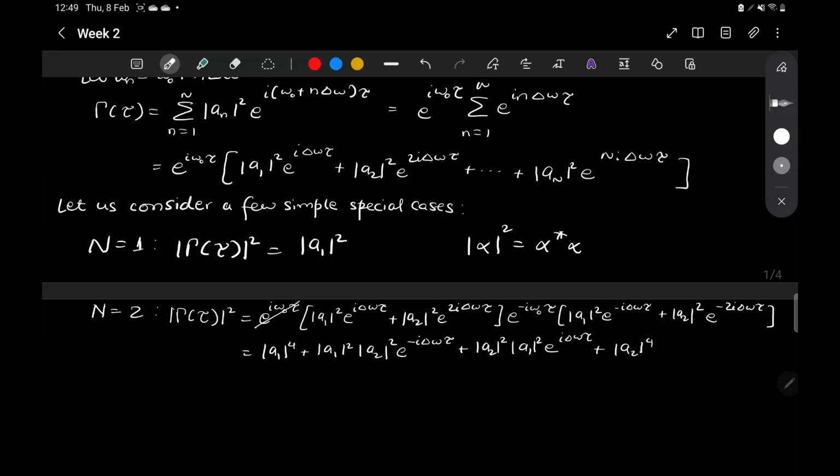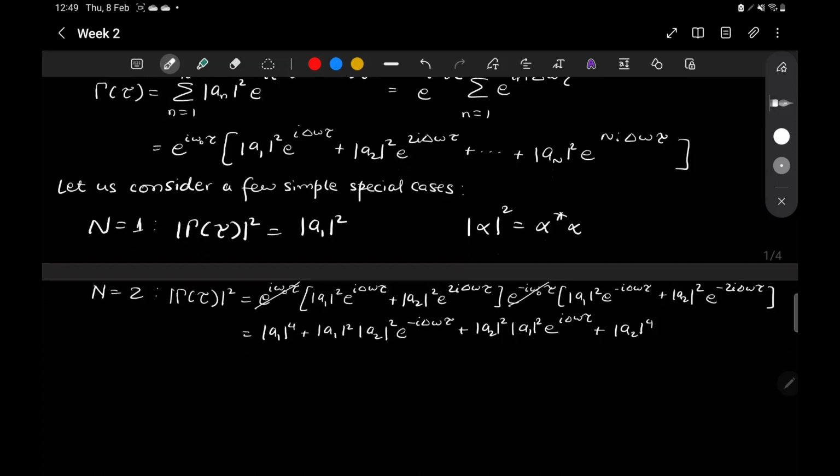So this definitely cancels out with this. And further we can combine these two exponential terms to give a cosine term. So further simplifying, exponential minus i delta omega tau plus exponential i delta omega tau is nothing but 2 cosine delta omega tau.